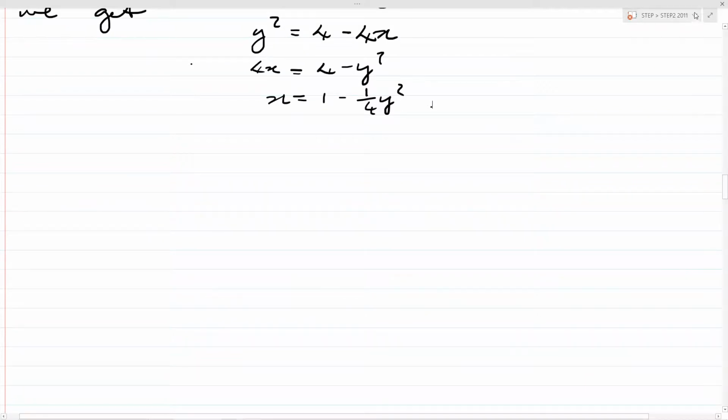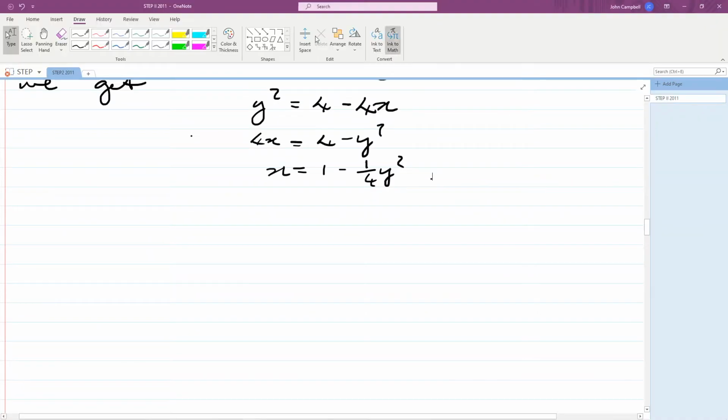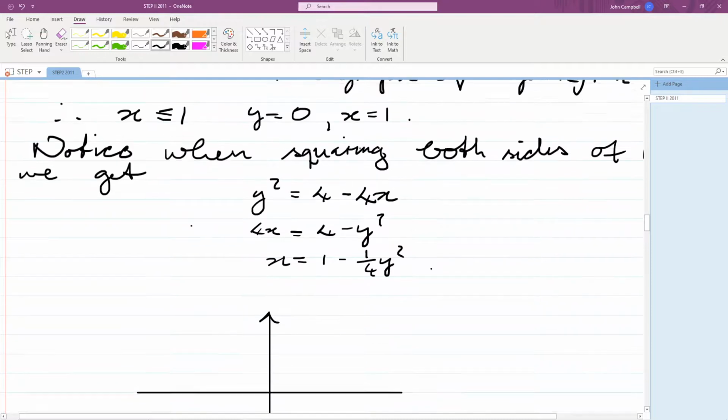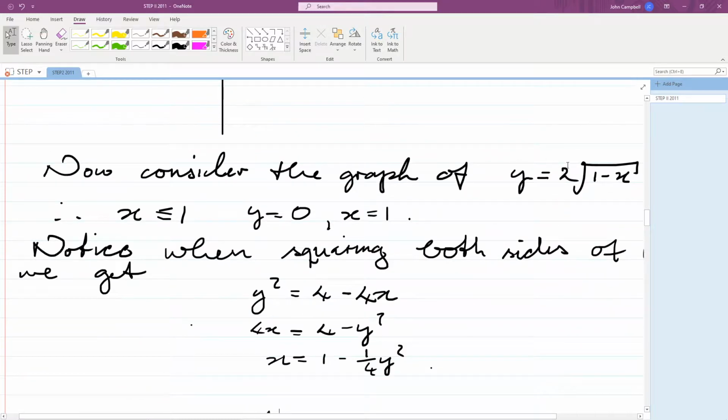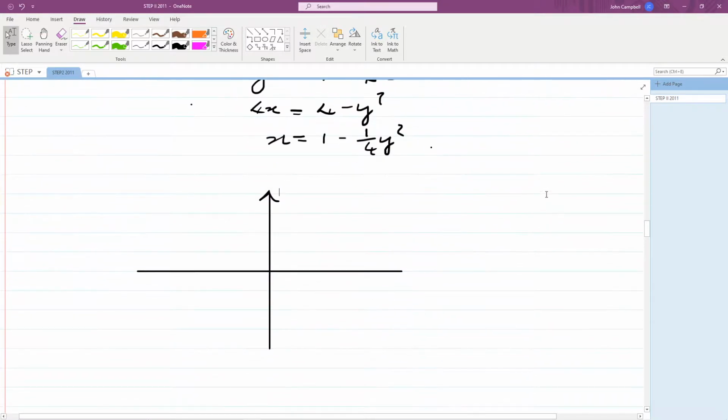So what we're going to do is draw another axis, and then try to sketch this. So a parabola. Although from this equation we can see that it could be plus or minus, here we've actually just got the positive branch. So that corresponds to this side. And notice it can only be positive, so let's try and draw this a little bit better.